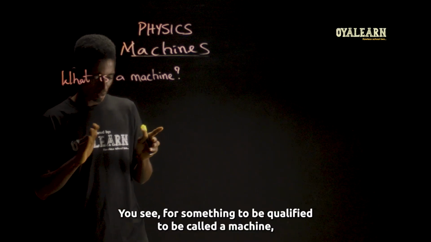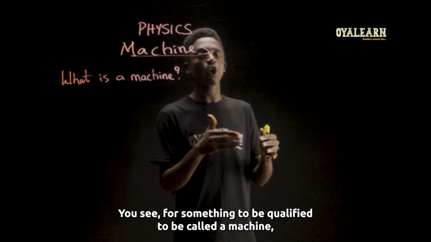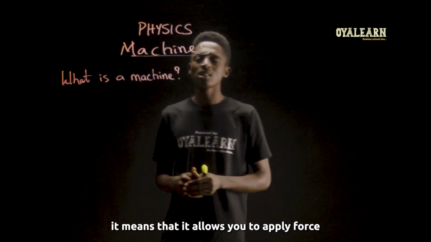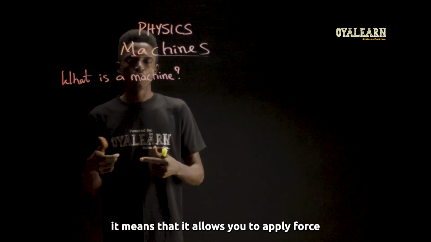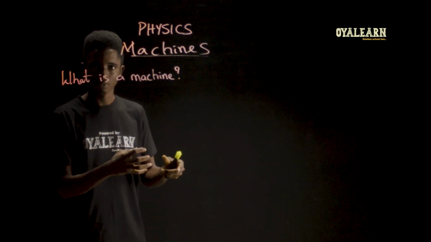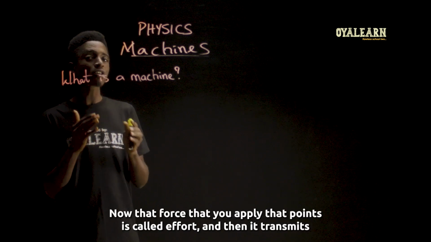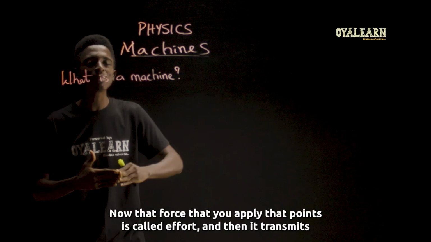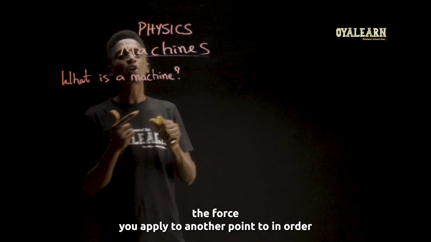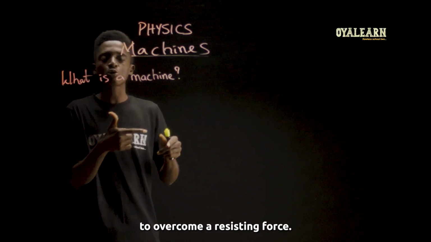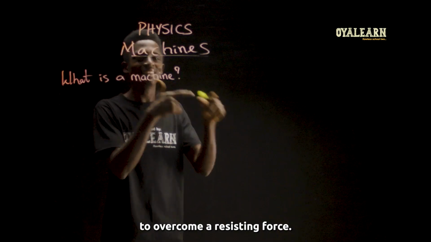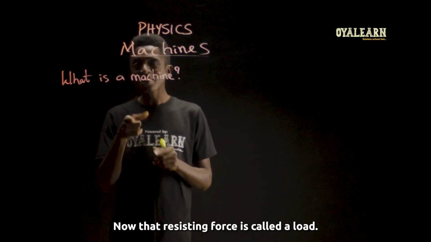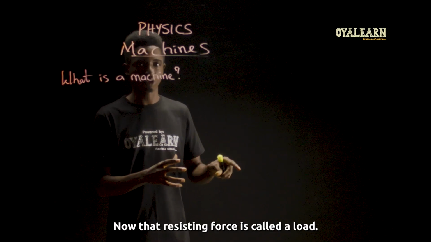You see, for something to be qualified to be called a machine, it means that it allows you to apply force at a point. Now, that force that you apply at that point is called effort. And then it transmits the force you apply to another point in order to overcome a resisting force. Now, that resisting force is called a load.